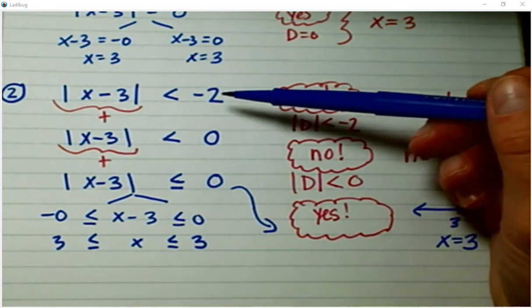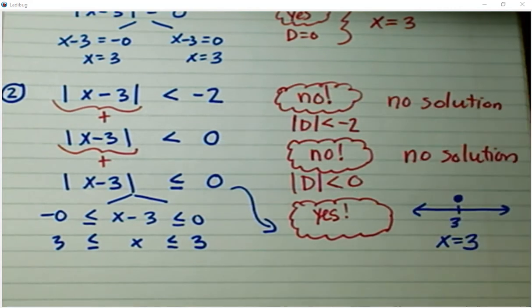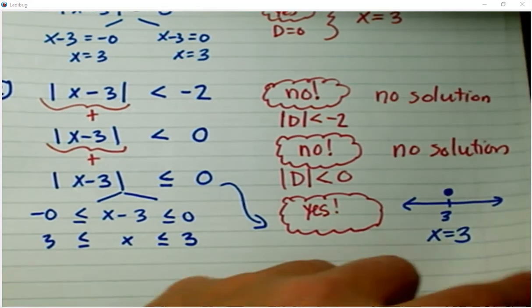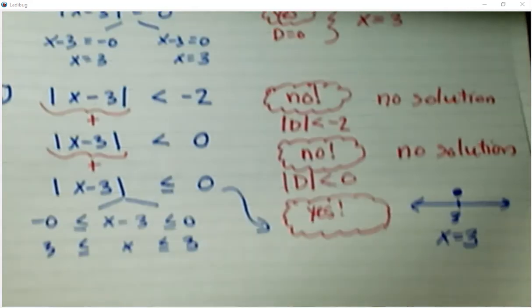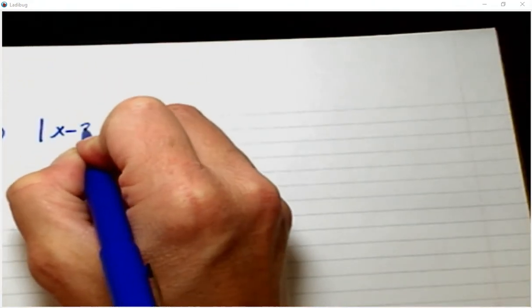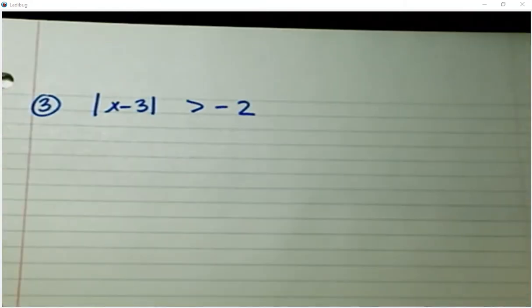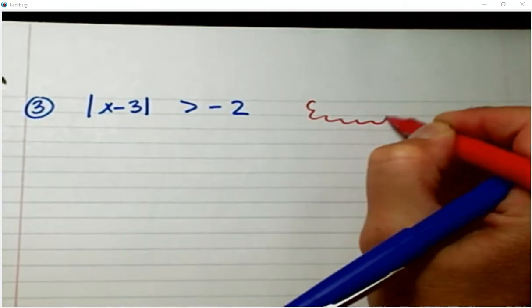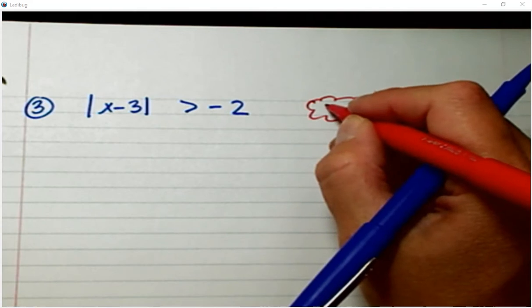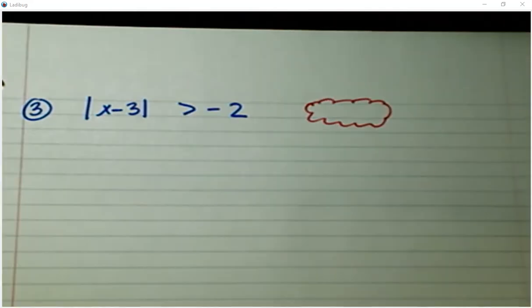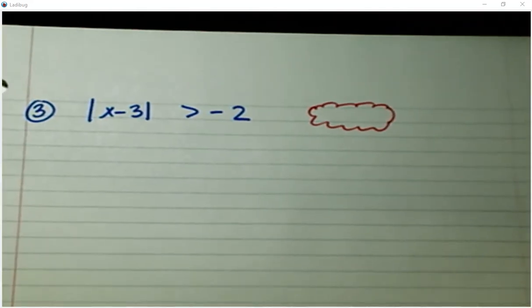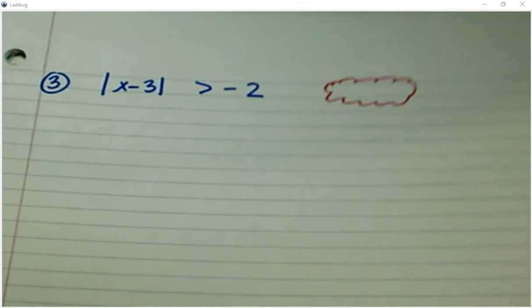Notice that we compared to a negative number and 0. So now we're going to change to the greater thans, and we're going to do some more comparisons. Okay, can this be greater than -2?